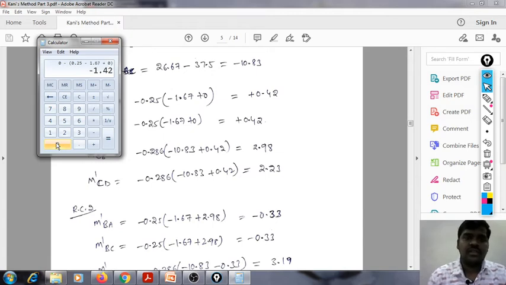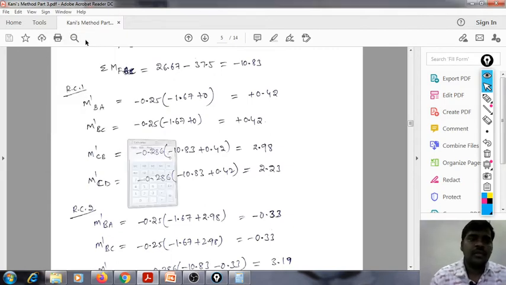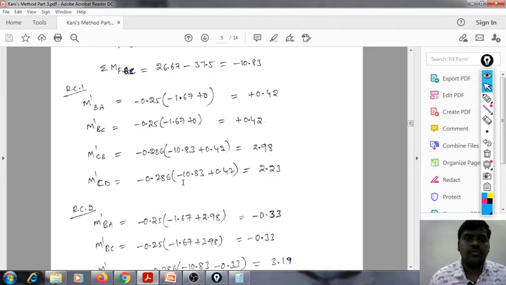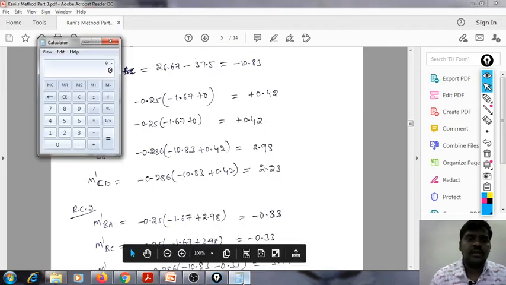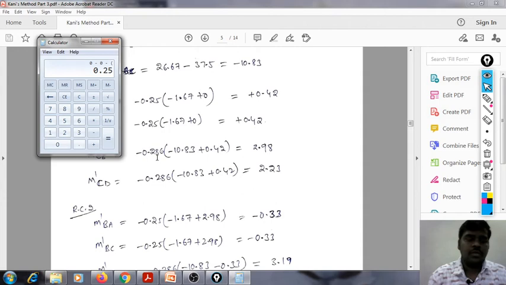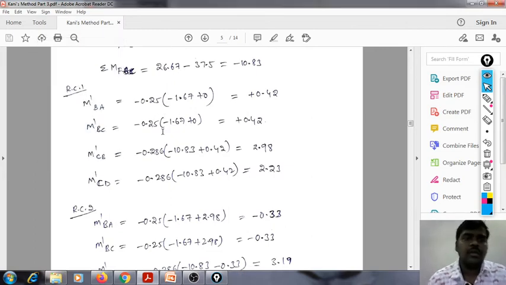So if you calculate this, minus 0.25 into minus 1.67 plus 0, the value is 0.42. So there is a small problem here. So the value will be minus 0.42.